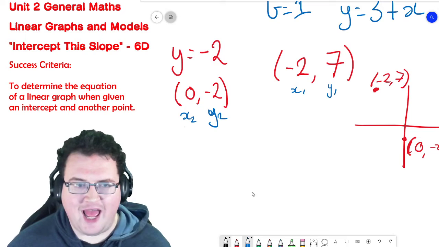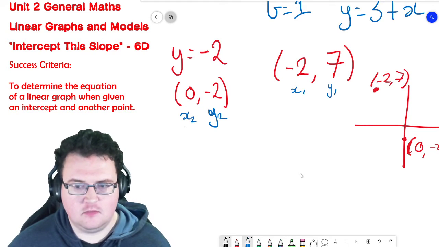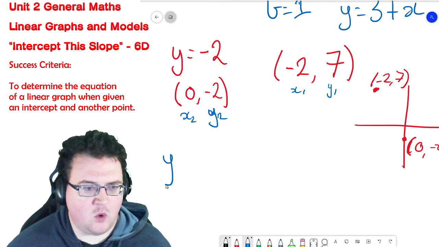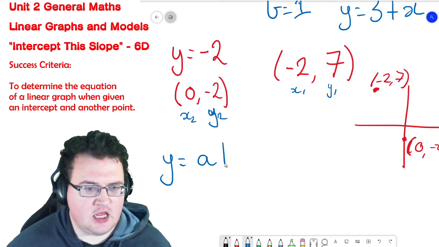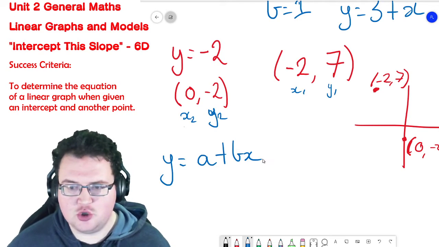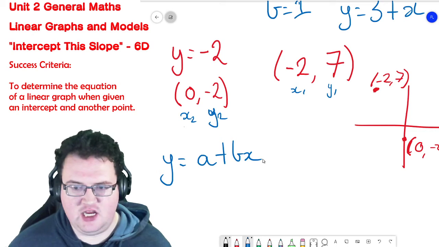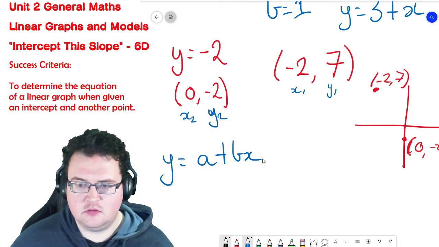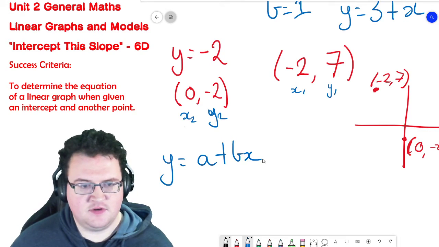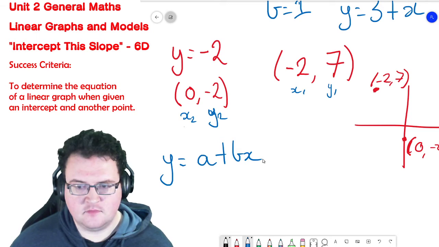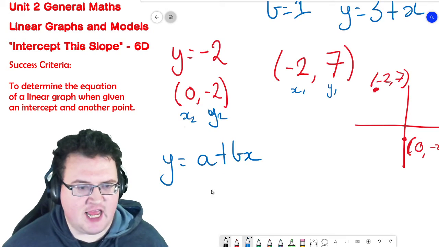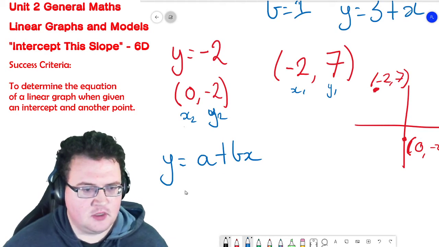Do I know A or B already? Remember, this is y equals A plus bx. Okay, yep, A. And what is A? A is -2. Cool.